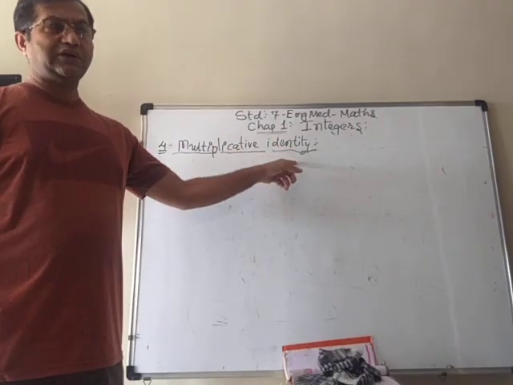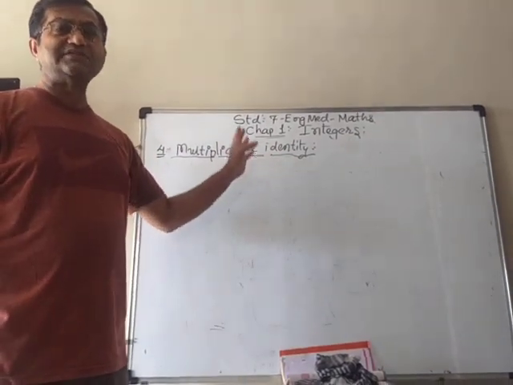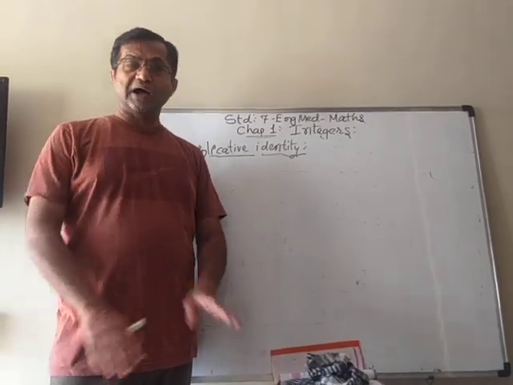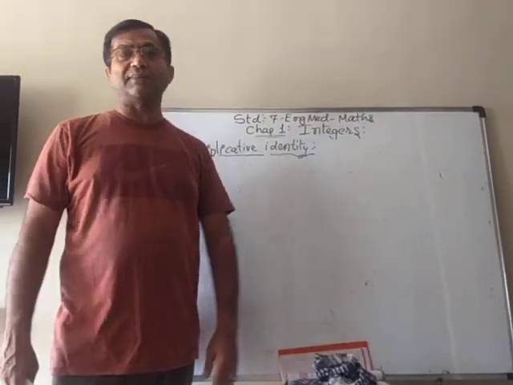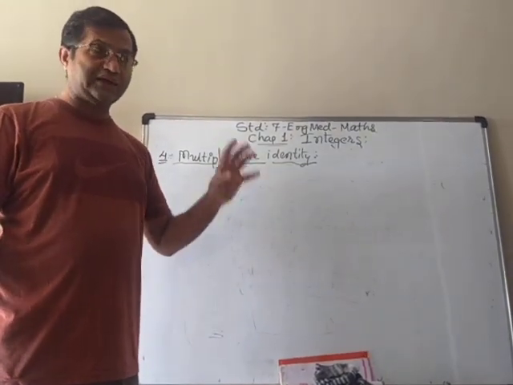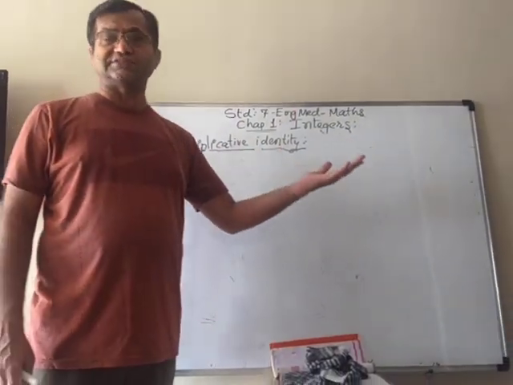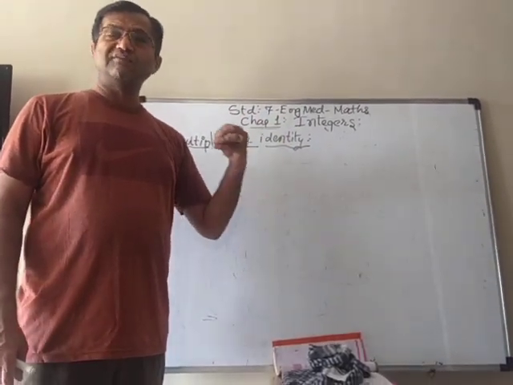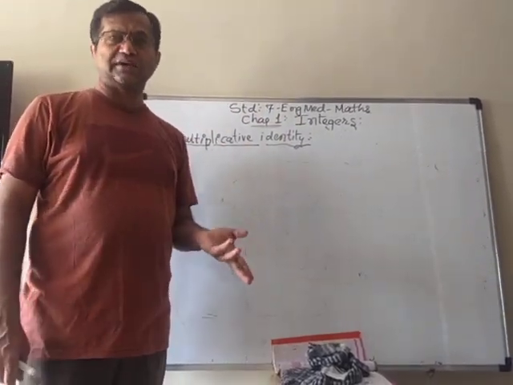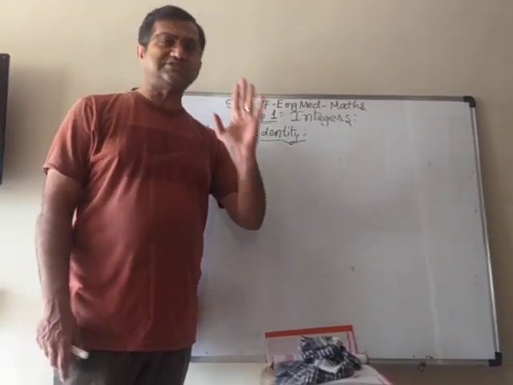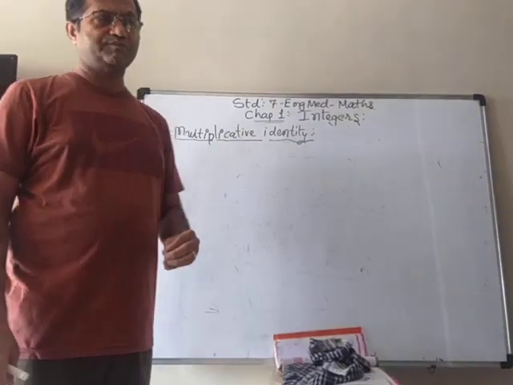We wrote down that when we add 0 to any integer, the answer is the same integer back. It means 0 was the additive identity, or identity element for addition, because when we add 0 to any integer, the integer was the same again. The answer was the same integer back.